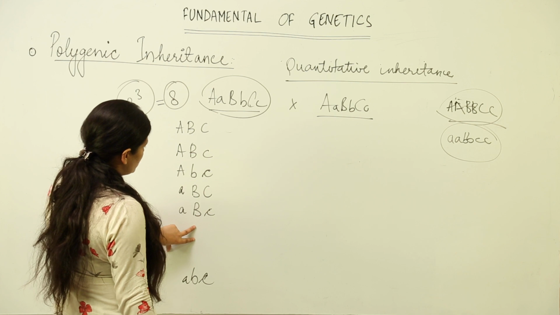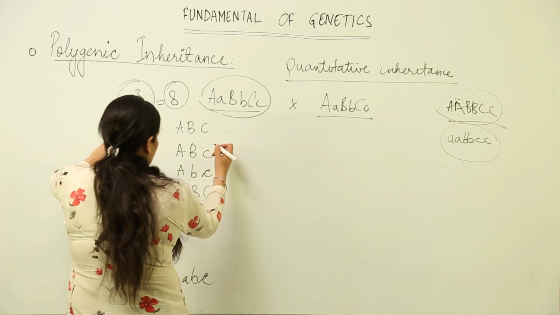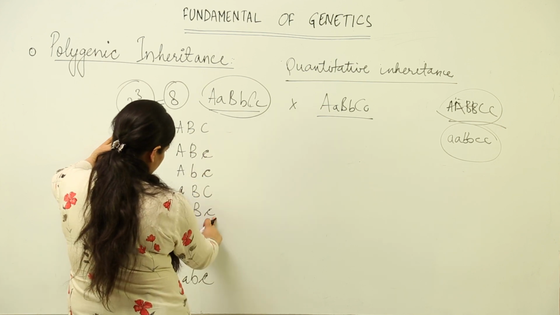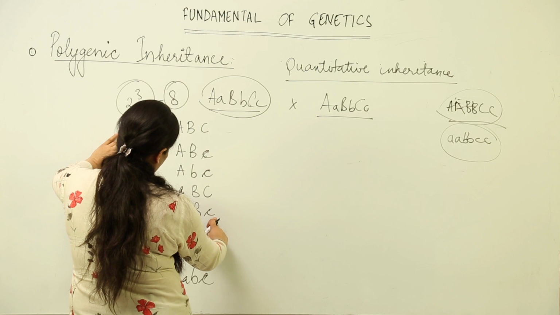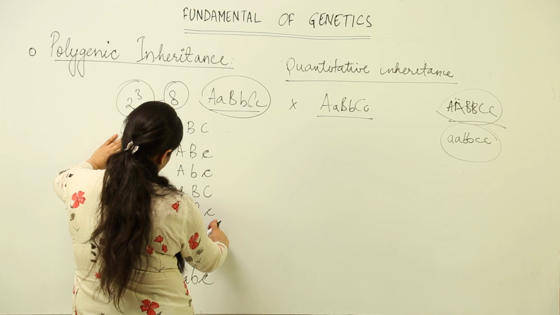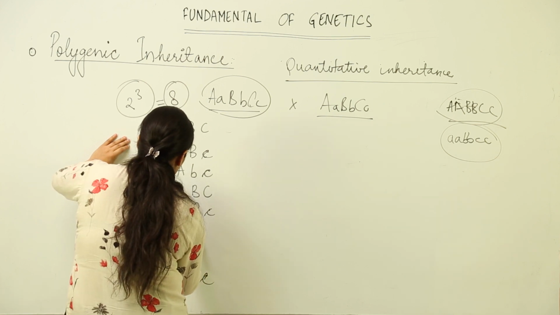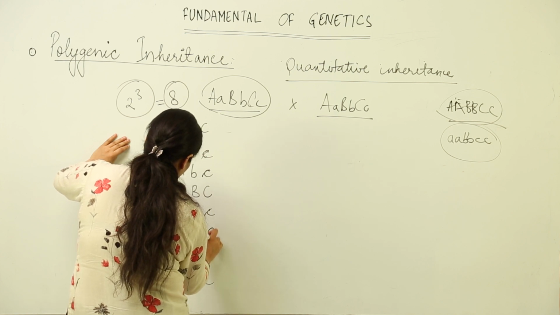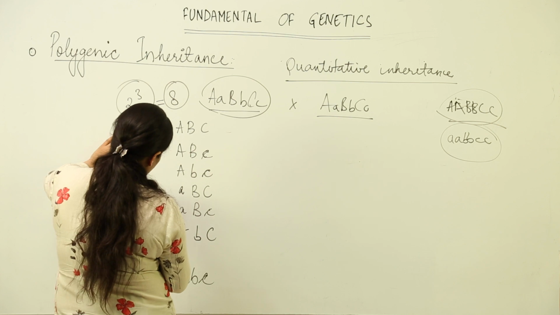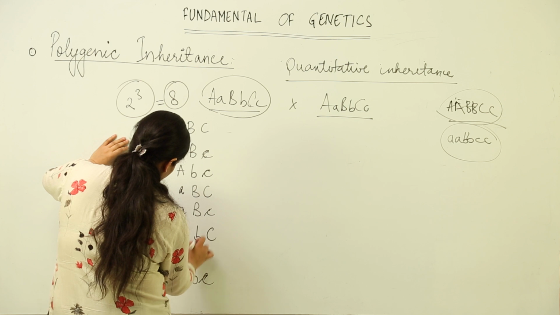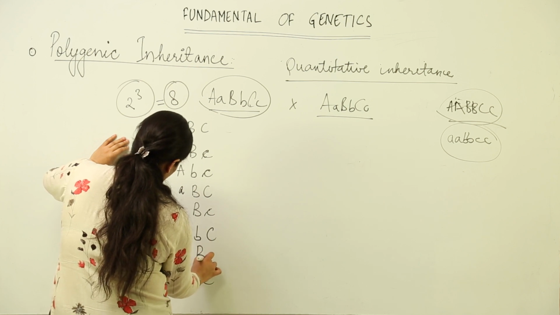We need 2 more. So what is to be considered? We have 3 of small c, 4 of small c. We need to have 4 more of small b. So we are going to see capital A, small b, capital C, and small a, capital B, small c.